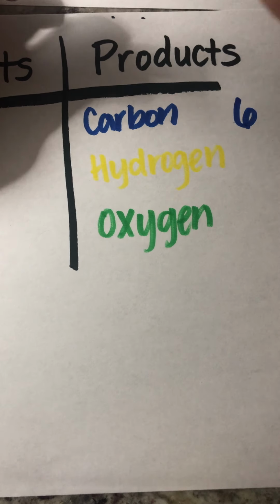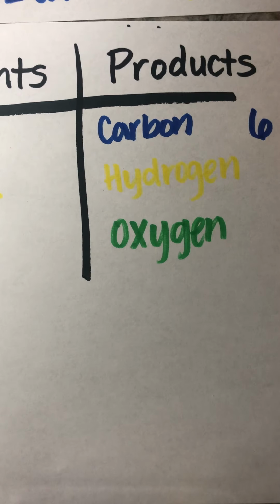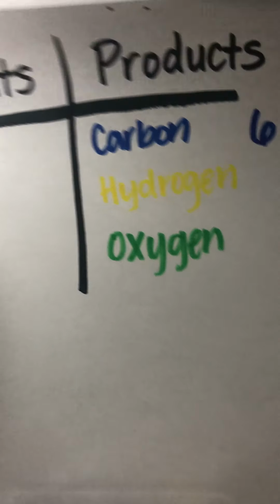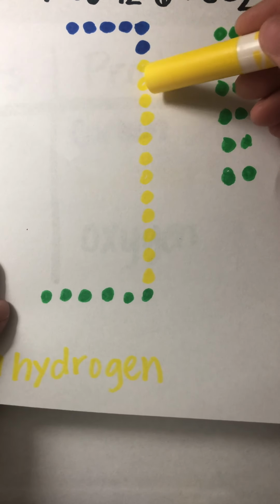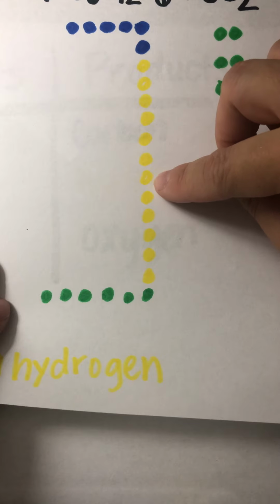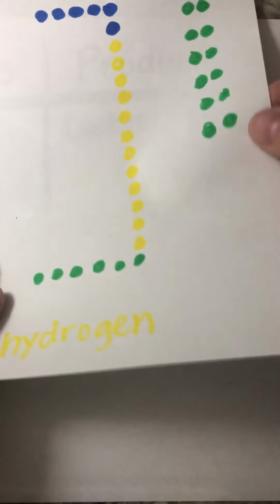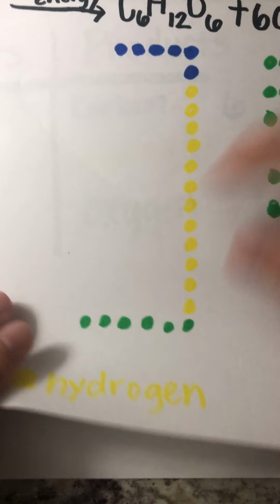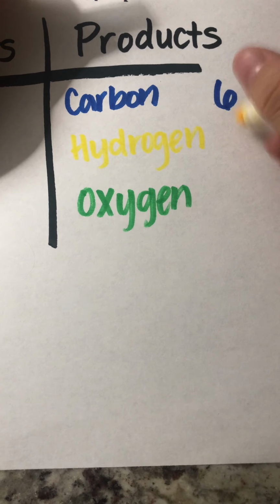Now let's look and see how many yellows are there. Okay, let's count up how many yellows are on this side. 1, 2, 3, 4, 5, 6, 7, 8, 9, 10, 11, 12. We have 12 yellows on this right-hand side. So I need to write the number 12 for hydrogen.